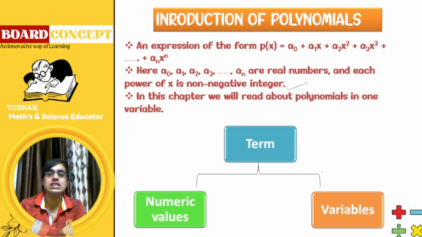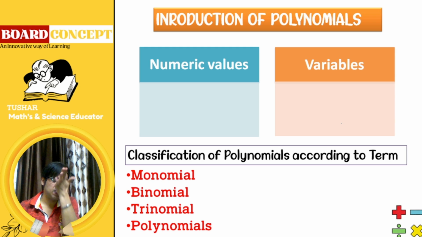Our next topic is term. What is a term? A term is made up of two things: first a numeric value and second a variable. The combination of both is called a term. What are numeric values? Numeric values are counting numbers 1, 2, 3 up to infinity.